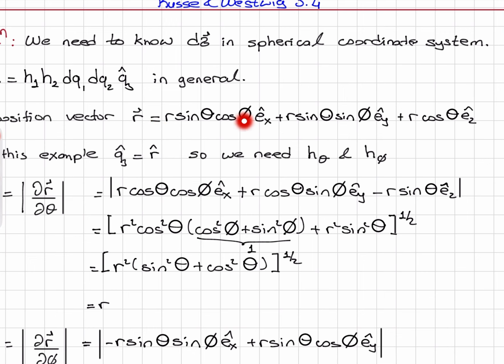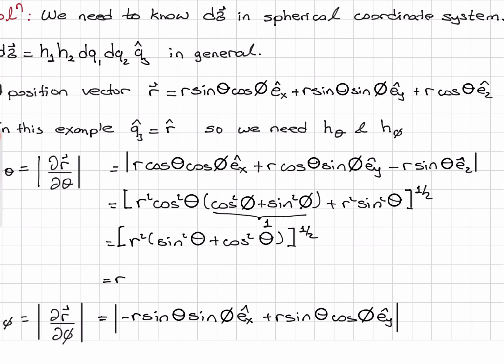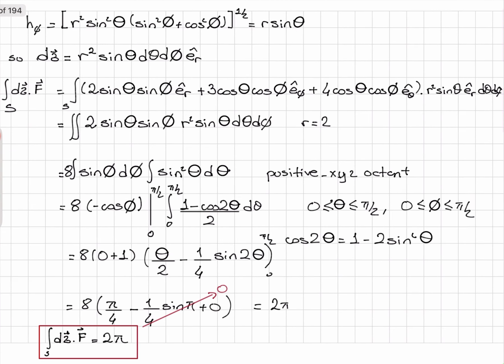When I take the derivative with respect to theta and take its magnitude, it's equal to r. Derivative with respect to phi, take its magnitude, it's equal to r sine theta. So r square sine theta d theta d phi, er hat is my area vector.